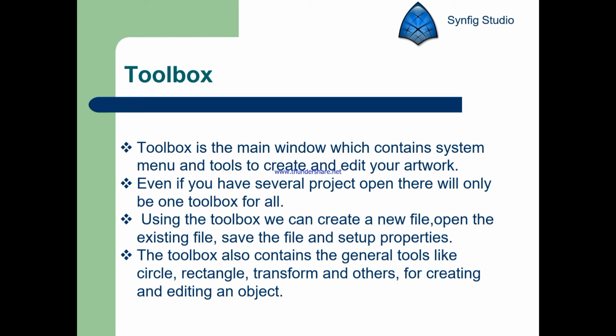So using the toolbox we can create a new file, open an existing file, save the file and set up properties. The toolbox also contains general tools like circle, rectangle, transform tool and other tools for creating and editing an object.